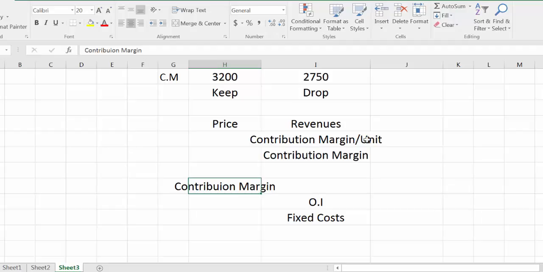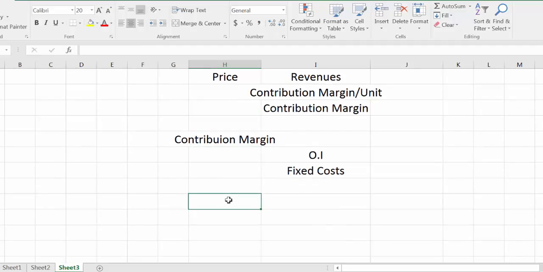Then from the contribution margin per unit, you can go back to the selling price because you know the variable cost. After looking at the diagram, connecting all those concepts, this should be the pretty easy direction for us to find the selling price. So what we need to do, first of all, is find the contribution margin. Sorry, I think I should have put the T here. Contribution margin.